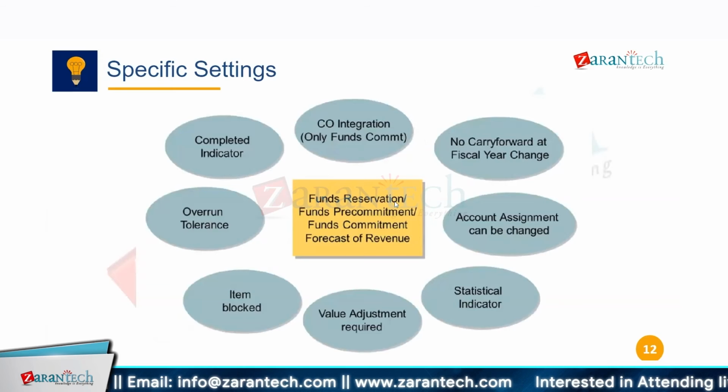So what all activities can be done with this? One is the completed indicator. Similar to the technically completed indicator in the order, we can have a completed indicator in this funds document also.